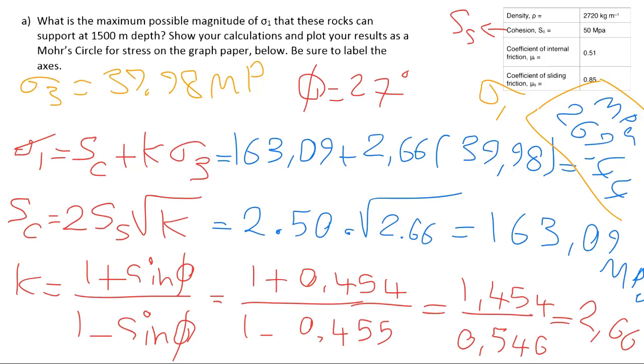Yes, I mentioned there's a typo in the table for density. It's not 2720 kilogram multiplied by m to the power minus 1. Let me clean this up. If you want to take a screenshot, take it, and I will raise it in a few seconds.